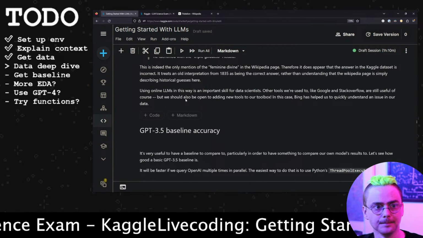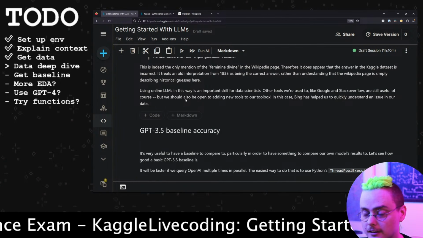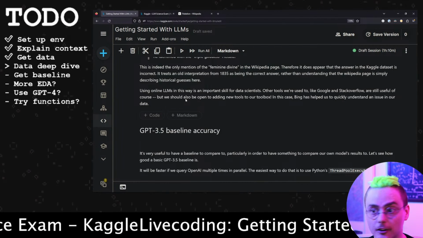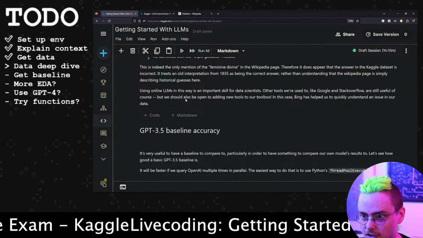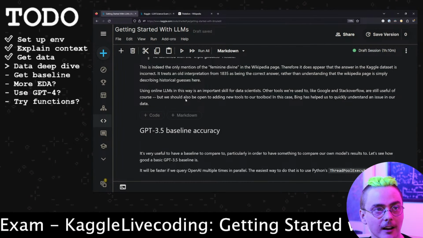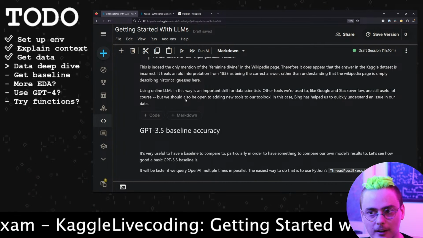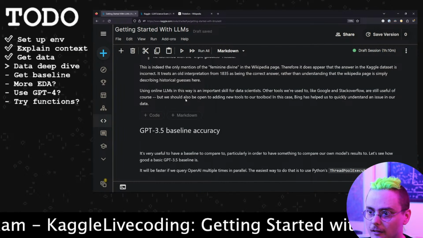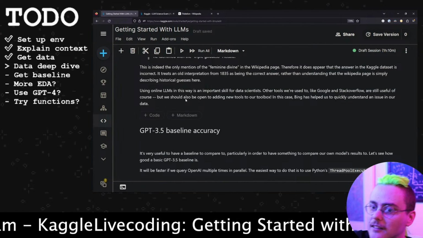To close out this section, I definitely agree with Jeremy that using these online large language models that you can just quickly drop into and ask a question is a very important skill for data scientists.